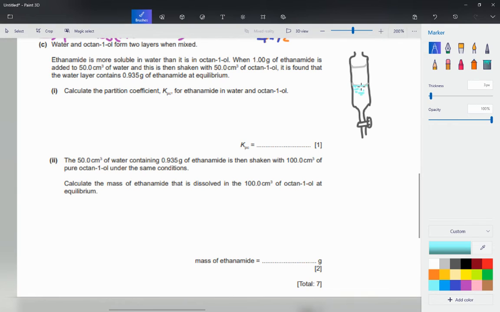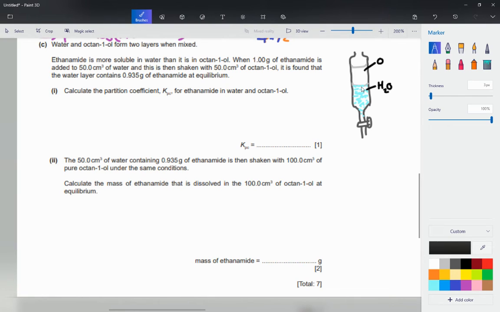So I'm going to say that this is the water layer. Whether it floats on water or not is not really relevant within the question itself. So water and octan-1-ol. There's your two layers. So this is your octan-1-ol. This is your H2O. This is your water.